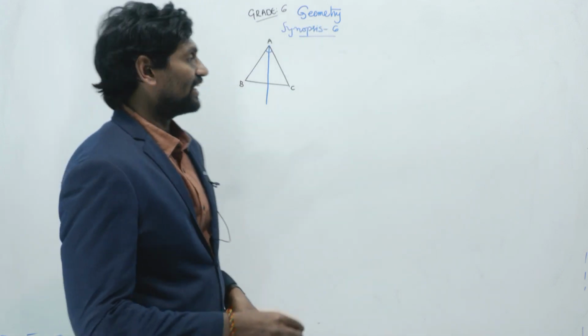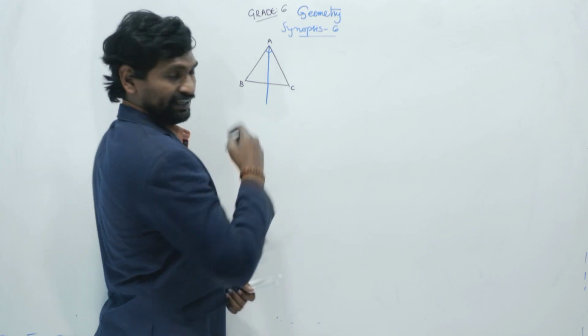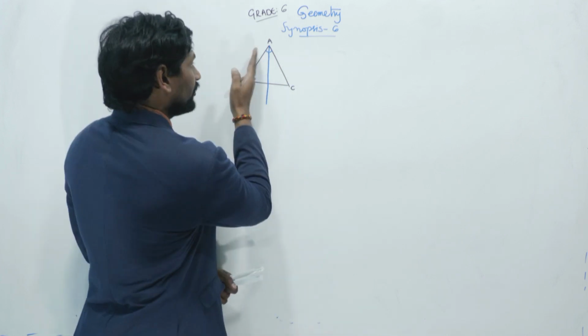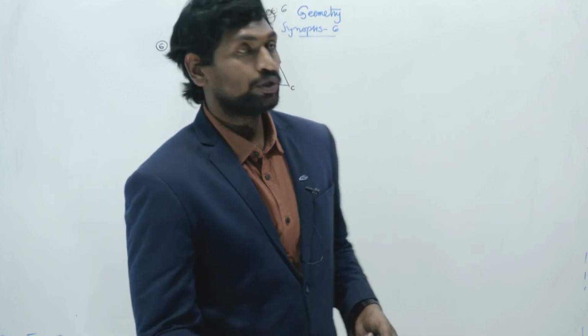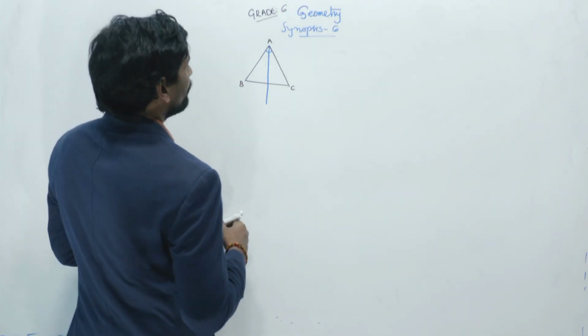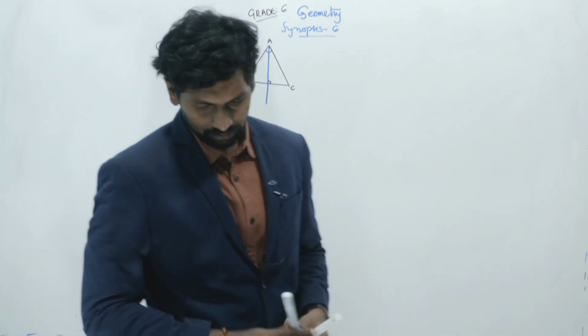For example, if angle A is 100 degrees, this line divides angle A into 50 degrees and 50 degrees, two equal parts. So the bisector of the vertical angle is perpendicular to the base.